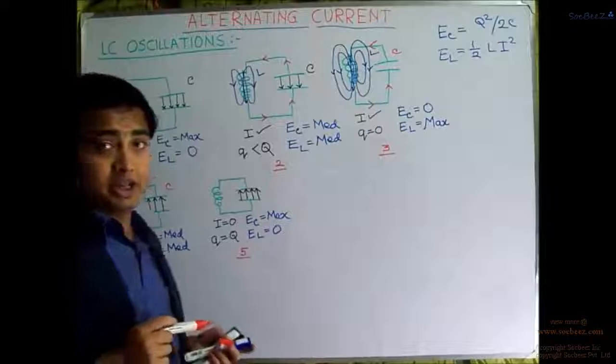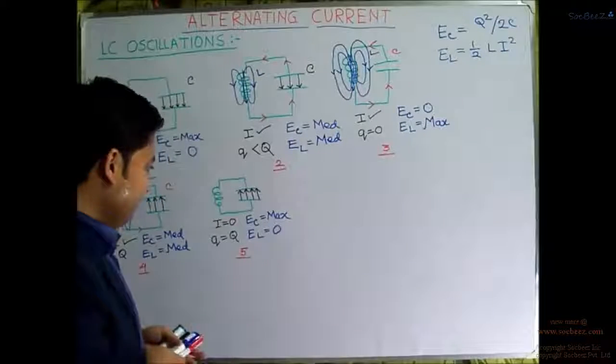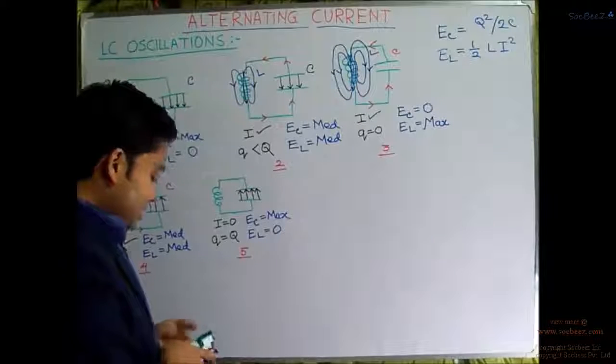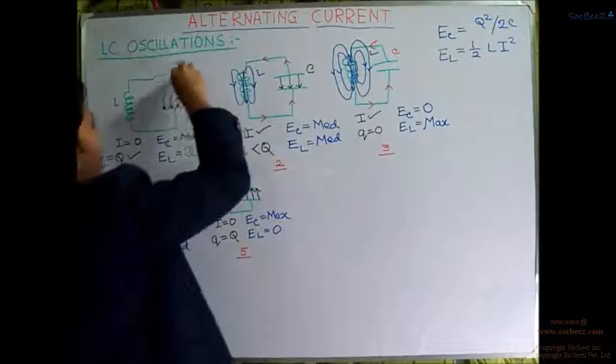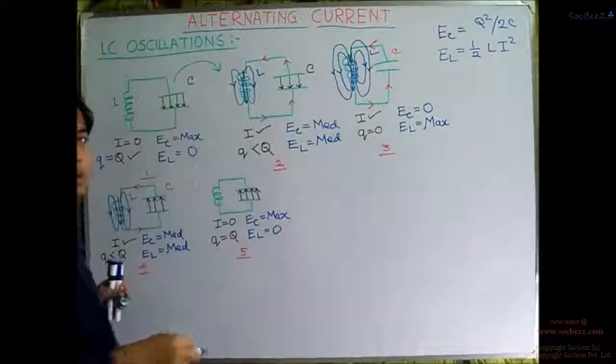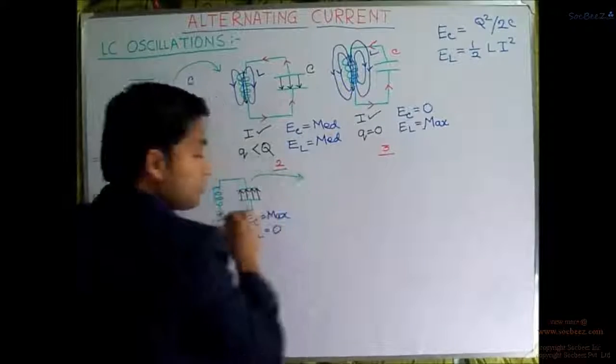Now it is very interesting to understand the next scenario. Observe that just as from this step to this step it had happened, again there will be a happening like this.